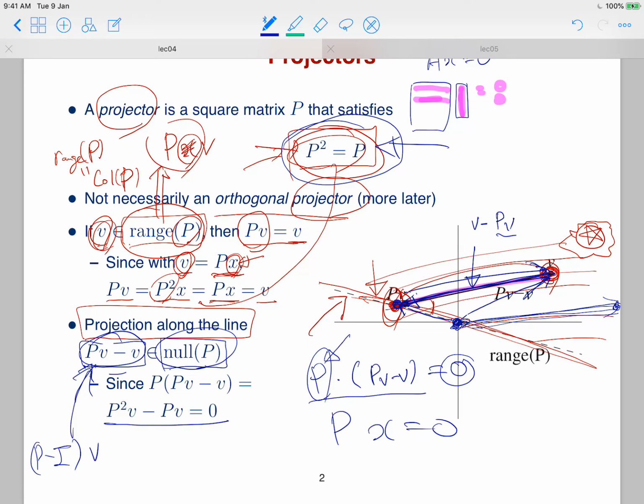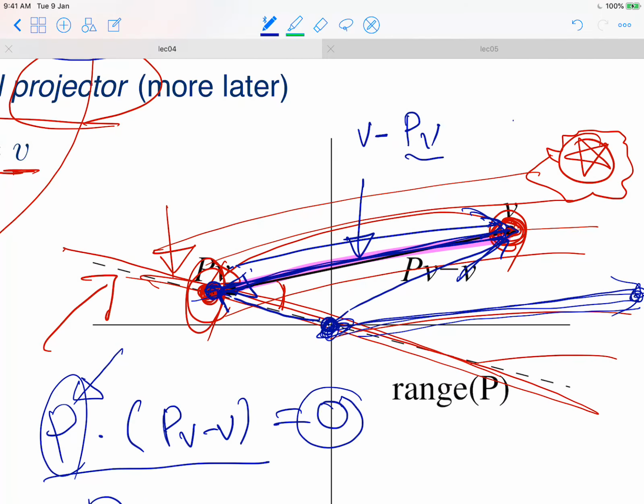And why is it in the null space, or what's the meaning of this PV minus V? So we are given a point V, and in this high dimensional space, this guy is projected into PV. If we consider the origin here, we have this original vector, and that is decomposed into this projection part and the remaining part, which is just the remainder after subtracting the projection part from the original vector, right?